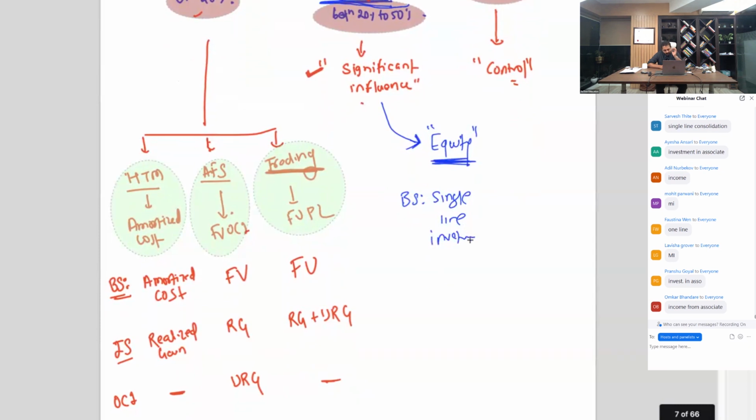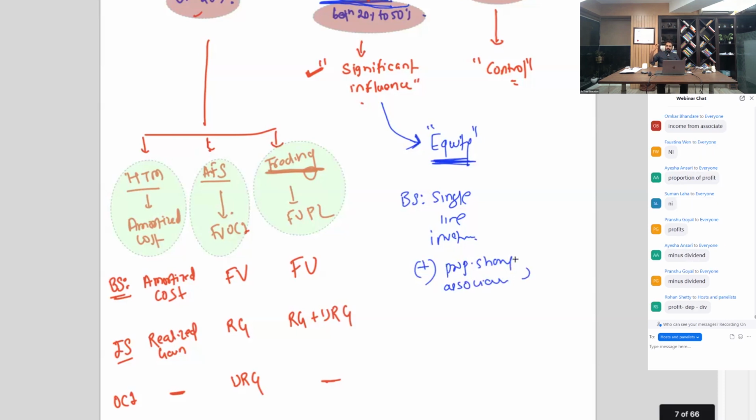Then how does this investment change every year? Every year, this investment will increase by, correct, the proportionate share of associates profit. For example, I made an investment of, let's say, 10,000 rupees into some associate.